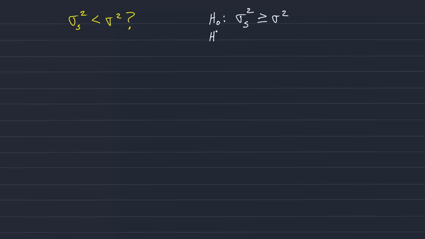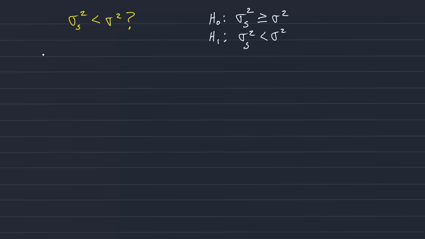And if we pose that null hypothesis and reject it, then we can show the alternative, that sigma s squared, the variance of our sampled population, is indeed less than that of our known population.